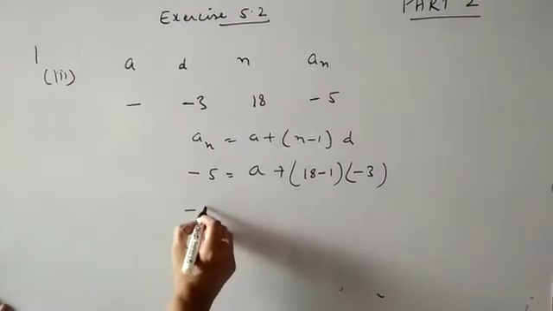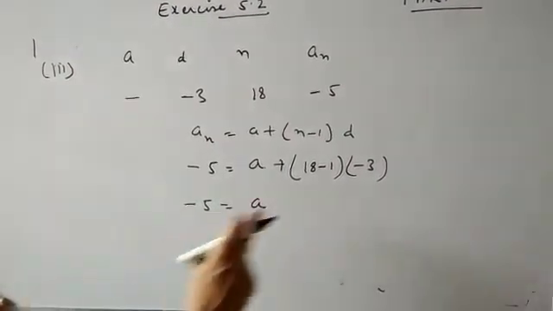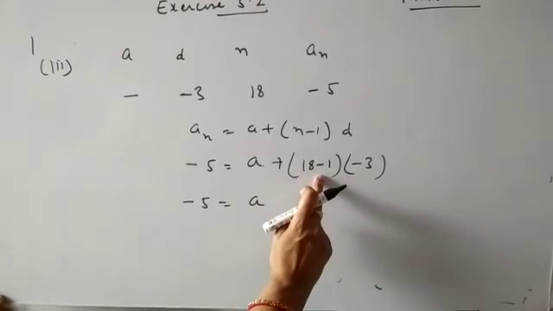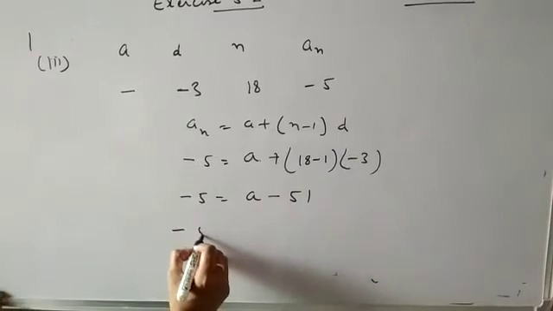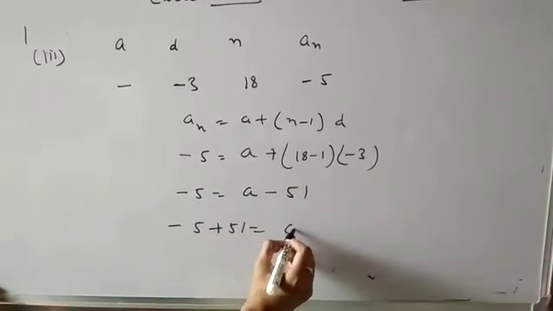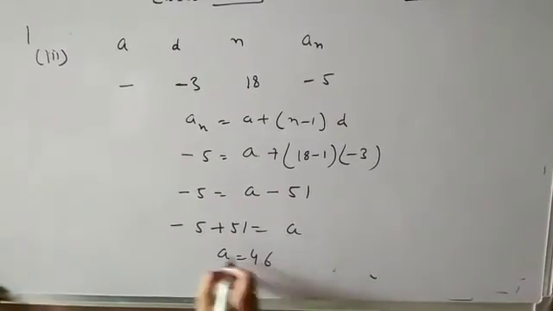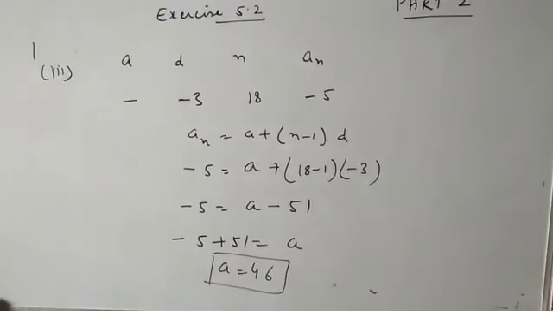So minus 5 is equal to A, 18 minus 1, 17, 17 into minus 3, minus 51. So minus 5 plus 51, and A will be equal to 46.